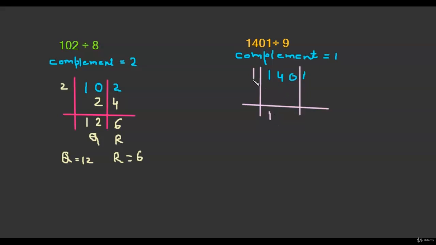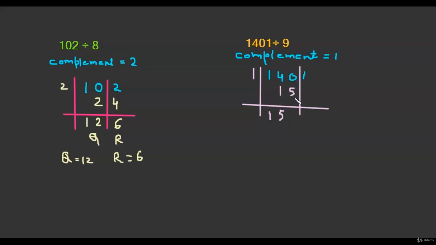So 1 times 1 is 1, and we write this result below the next dividend digit. 4 plus 1 gives us 5, and again we multiply 5 by the complement and write the result below the next dividend digit. So 5 times 1 is 5, and we write this 5 below the next dividend digit.